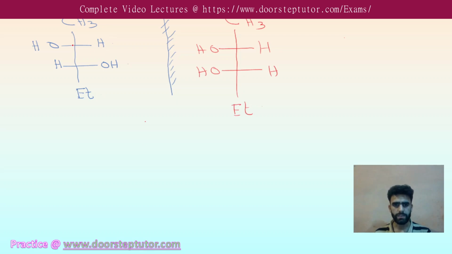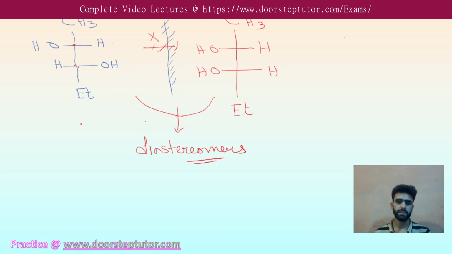Now as you can see, if we rotate these compounds, they will not be identical. Also, these are not mirror images of each other. And they have two chiral centers. So we can say that these compounds will exist as diastereomers.